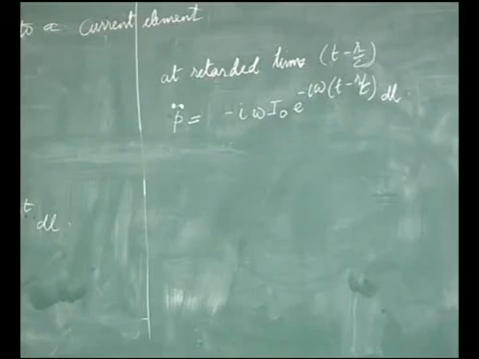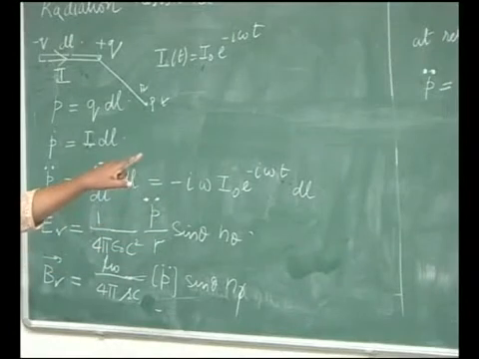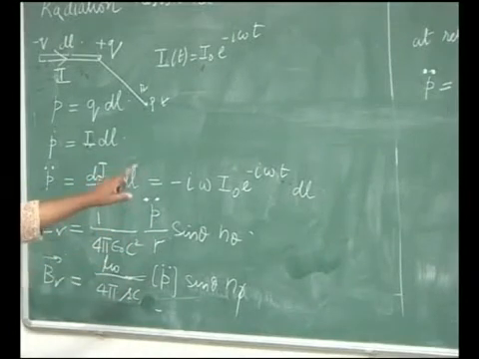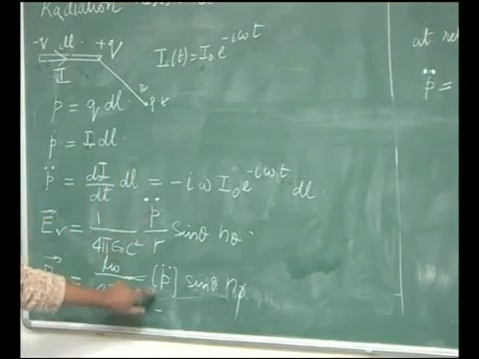This is here P double dot, this is also P double dot. Now, I substitute the value of P double dot from there into these two equations for E and B.